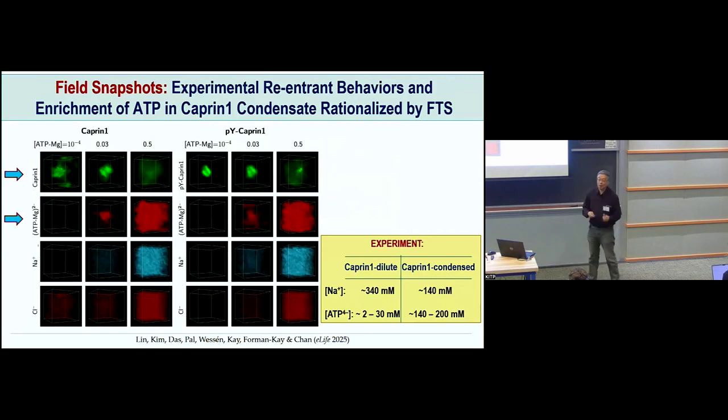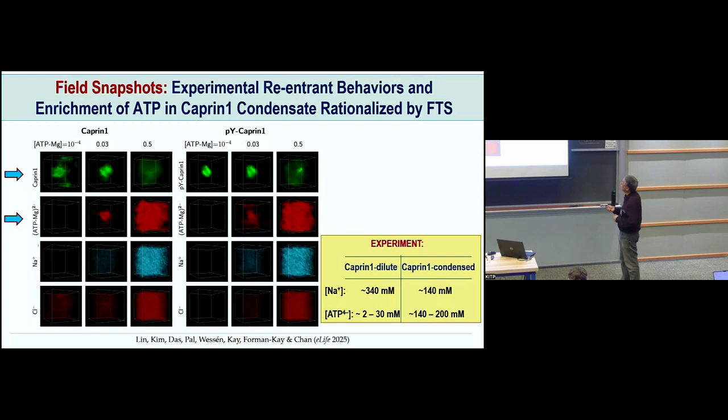So here are some field snapshots. Let's focus on this. If you vary the ATP concentration, you first get a diffuse configuration, then a condensate, and then diffuse again. So this is the re-entrance behavior for Kaplan-1. And then you can see this is for ATP. The ATP is co-localized with the condensate, and this is consistent with experiment done by Lewis and Julie's group.